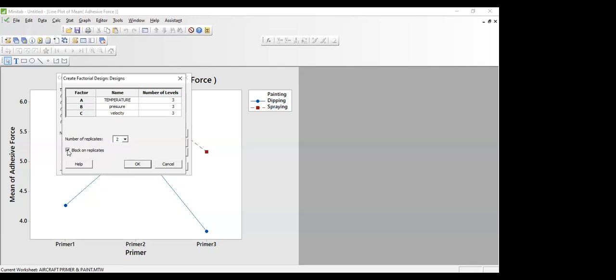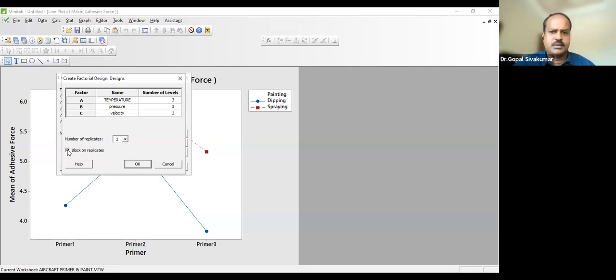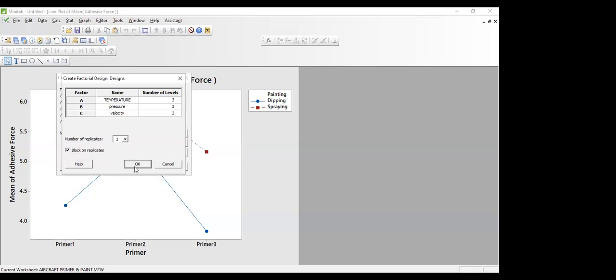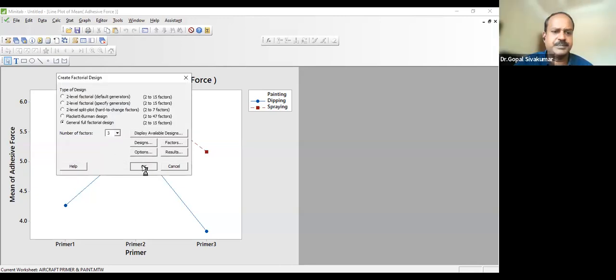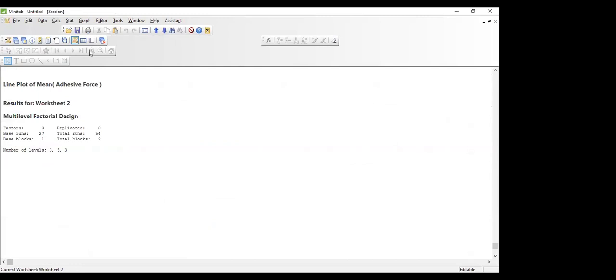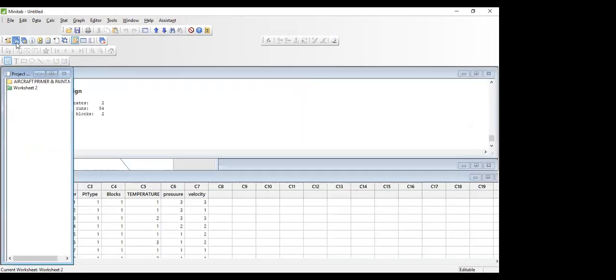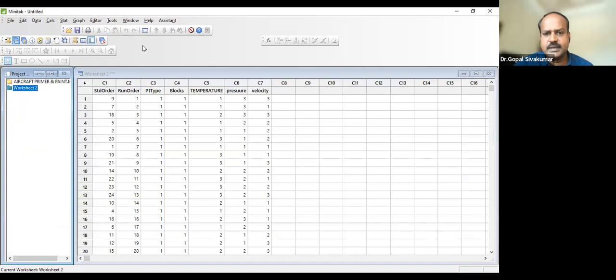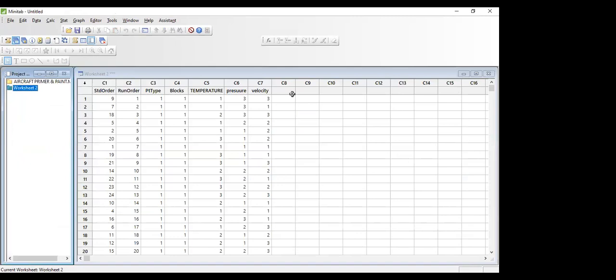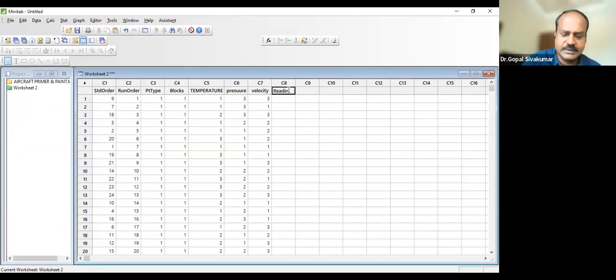Block on replicates. Okay. Can you see some format here? Your readings, 54. You can type your readings here.